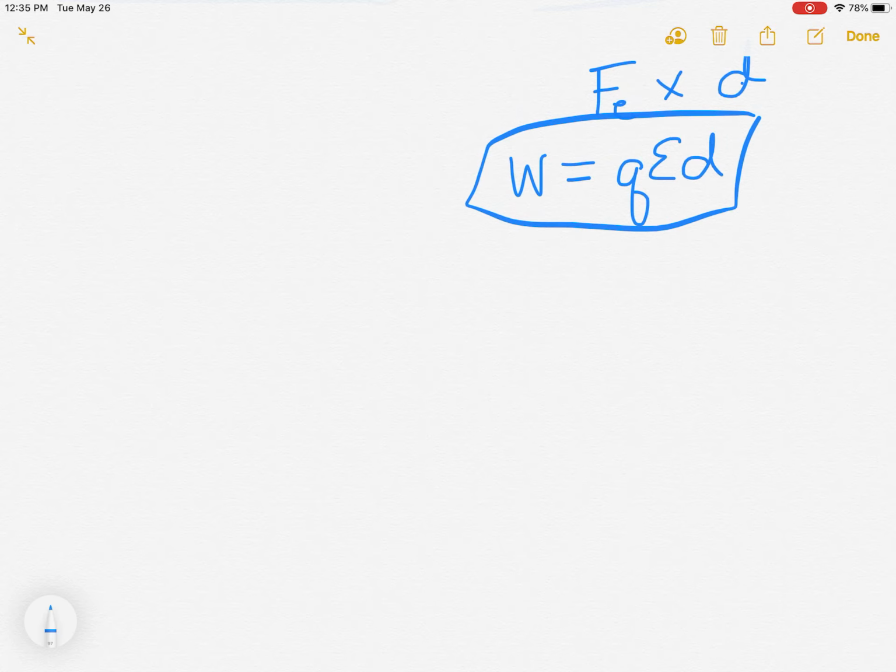Okay, there's another thing we like to use in electricity that we could use in gravity, but we really don't use it very often. So let's say you go to the store and you want to buy flour or sugar. Let's say sugar.